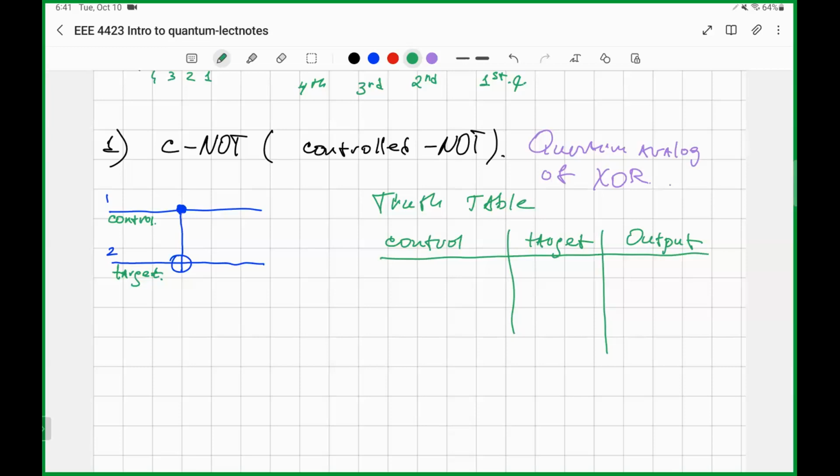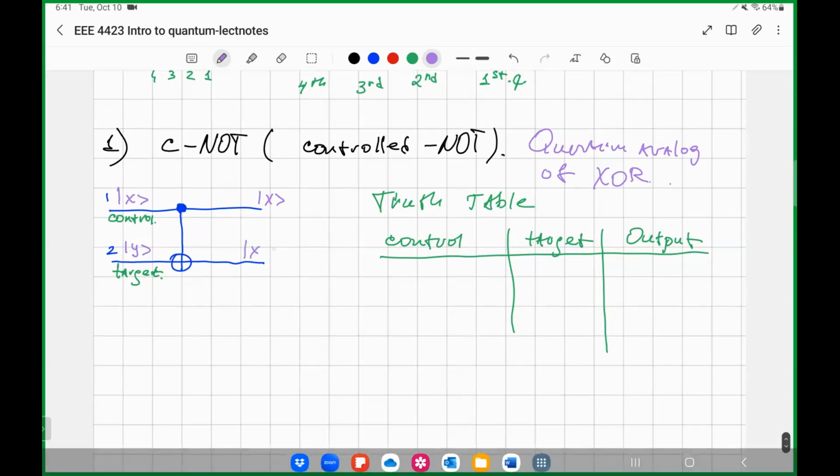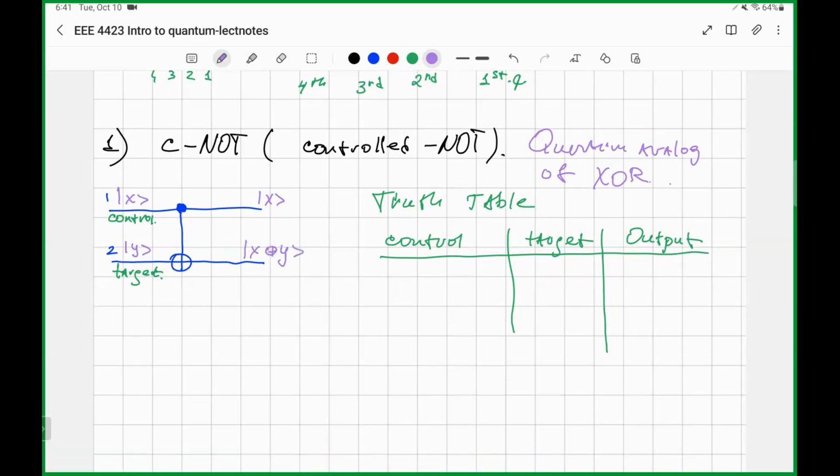We have a 2-qubit input and a 2-qubit output, but the state of the control qubit is assumed to be unchanged. So for example, if the state of the control qubit is X, the output is also X. It's not changed. What can be changed is the target. So let's say if the target is state Y, then the output of the target is X circle plus Y.